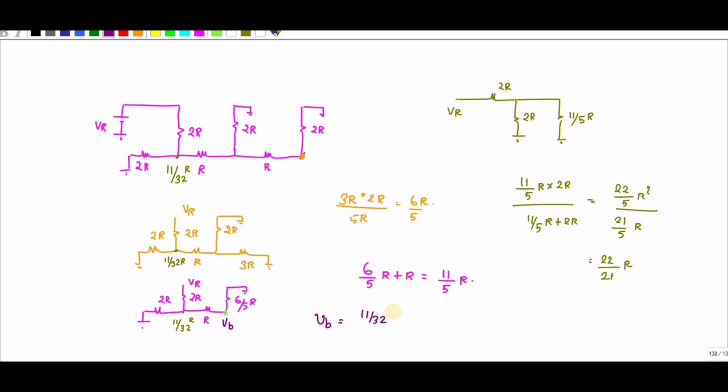VB is equal to 11 by 32 into 6 by 5 R divided by 11 by 5 R. The 5s cancel out, the 11s cancel out, and the R's cancel out, so you will get 6 by 32, that is nothing but 3 divided by 16. So this point is 3 divided by 16.